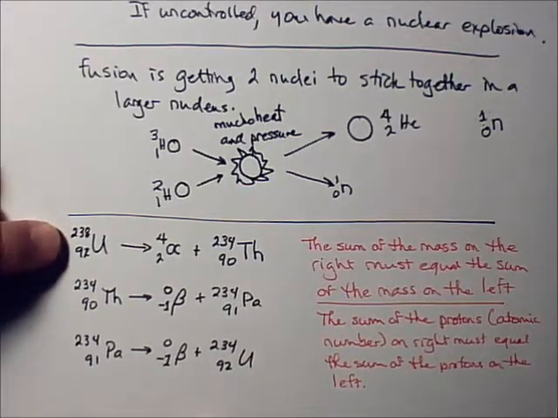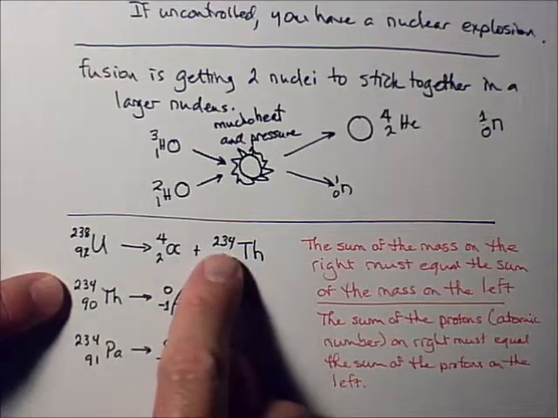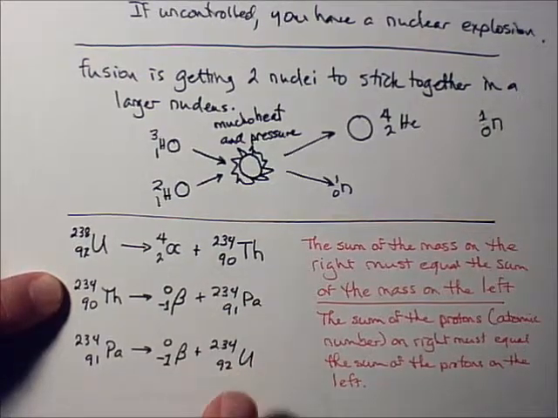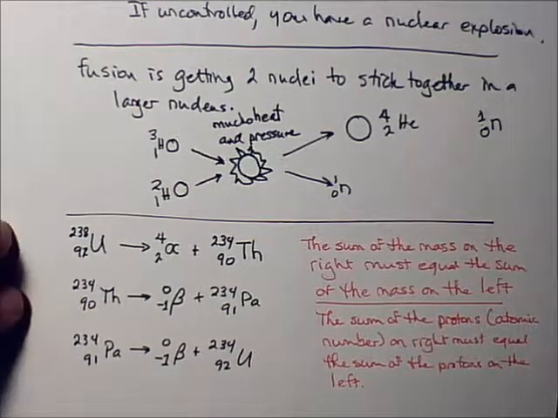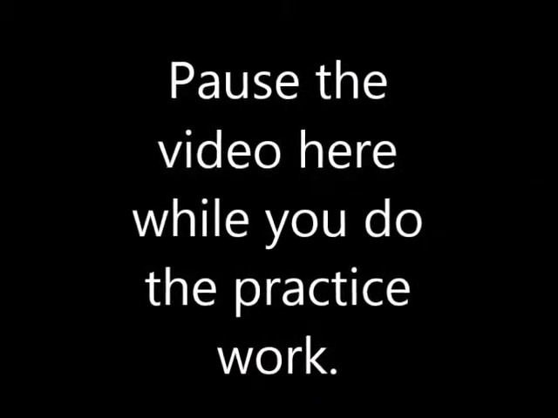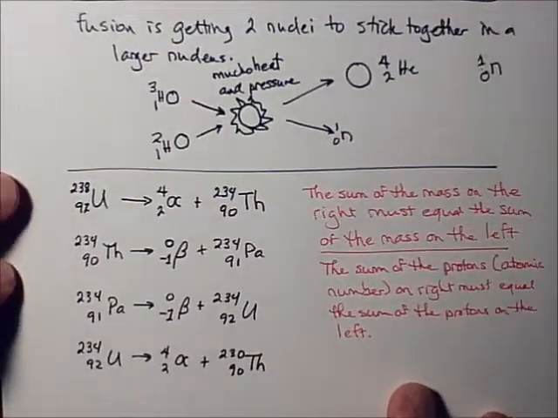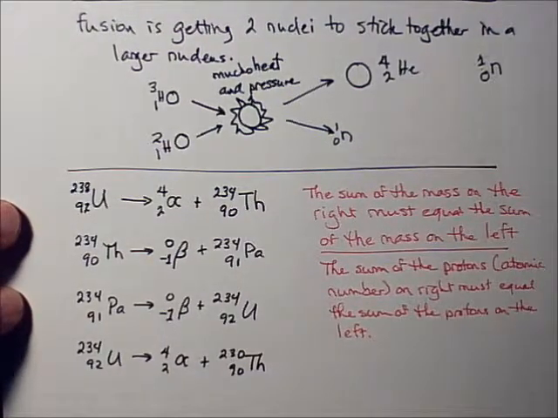Two different isotopes of uranium. We've got 238 up here, now we have 234. We have thorium-234 here. Let's see what we get from this decay from 234. Another isotope of thorium now.